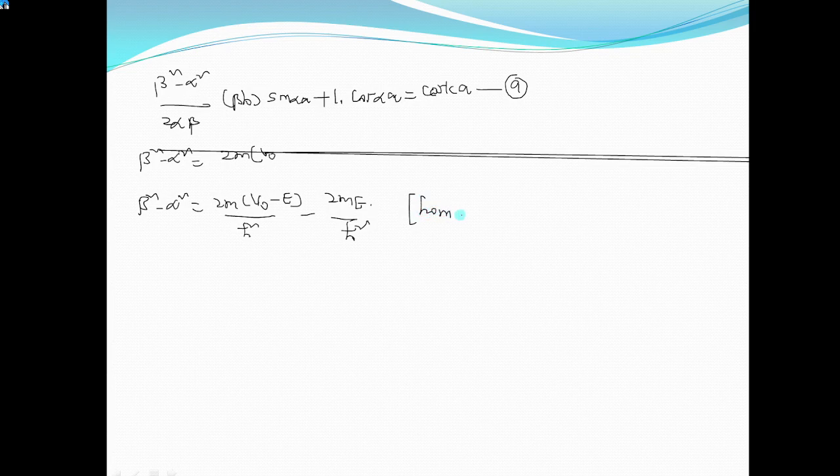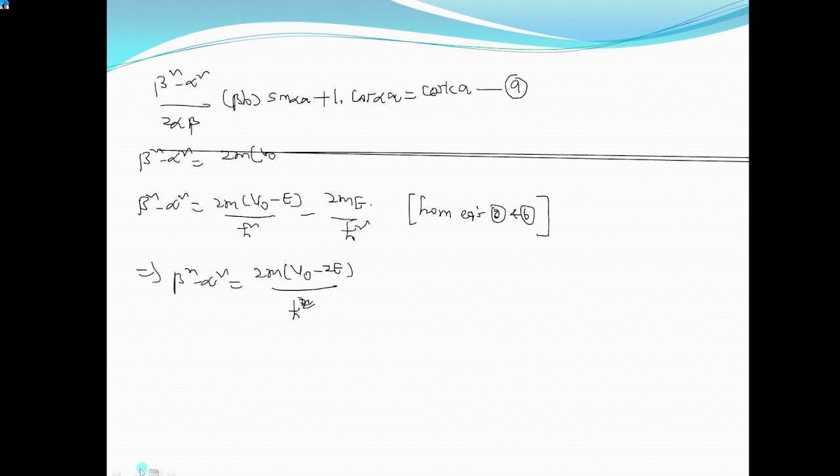This is from equations 3 and 6. So I can write it as beta square minus alpha square is equal to 2m (V naught minus 2E) by h cross square.